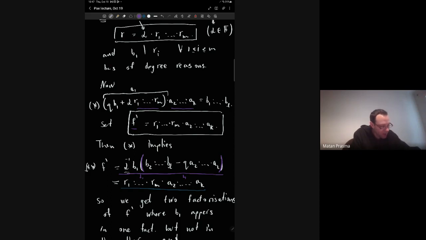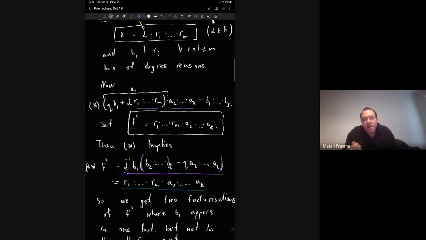So you get two factorizations of F prime, in which one factorization has B1 and the other does not. So you can extract from the equation double star two different factorizations of F prime into a product of prime polynomials.